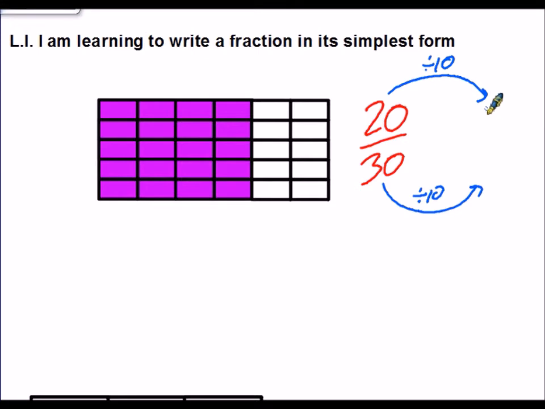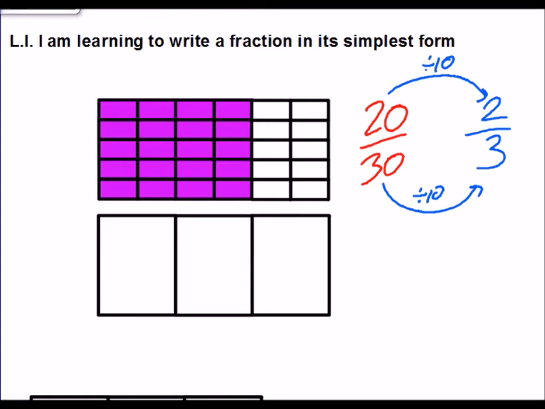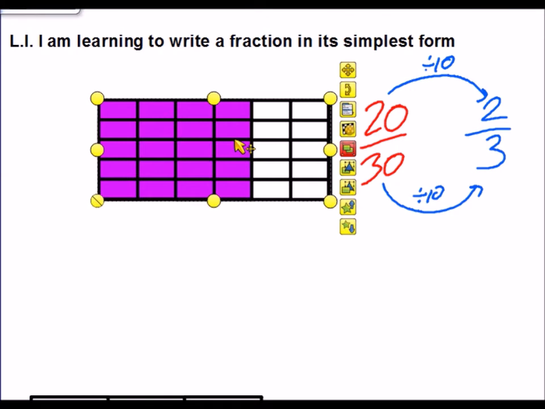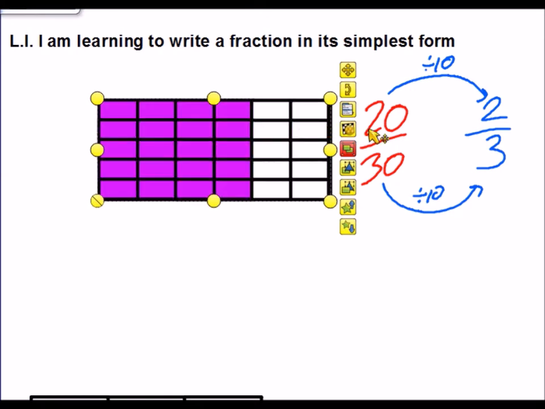So 20 divided by 10 is 2, 30 divided by 10 is 3. So 2/3, here are thirds here, 2/3 should be equivalent to 20/30ths. And so if we line them up, we can see that they are, in fact, equivalent in this case.